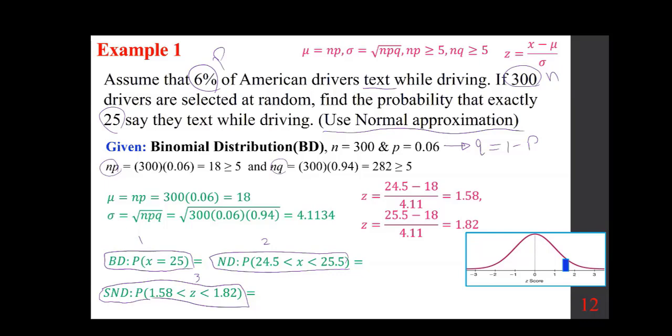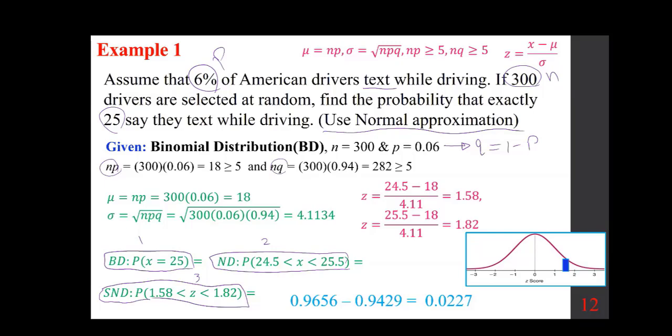This is the area we want to cover, and that requires either the z table or technology. If you use the table, remember, you look up 1.82 and then you look up 1.58. Their difference is the answer.